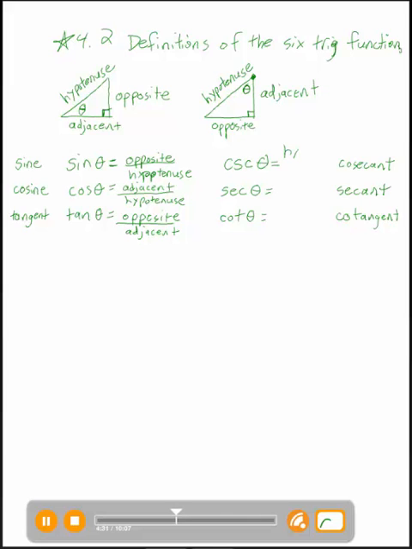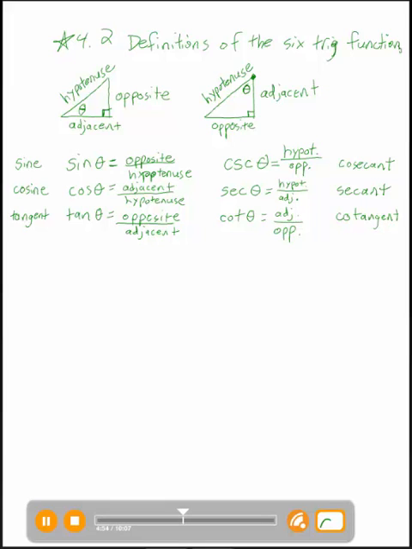So the cosecant is hypotenuse, and I'm just going to abbreviate here, divided by opposite. And I'm running out of space. Secant is the hypotenuse divided by the adjacent, and cotangent is the adjacent divided by the opposite.